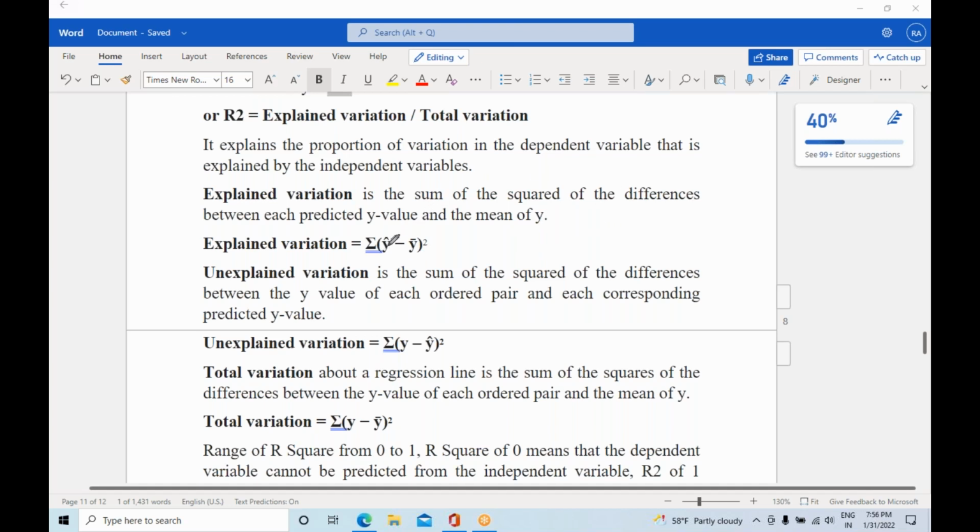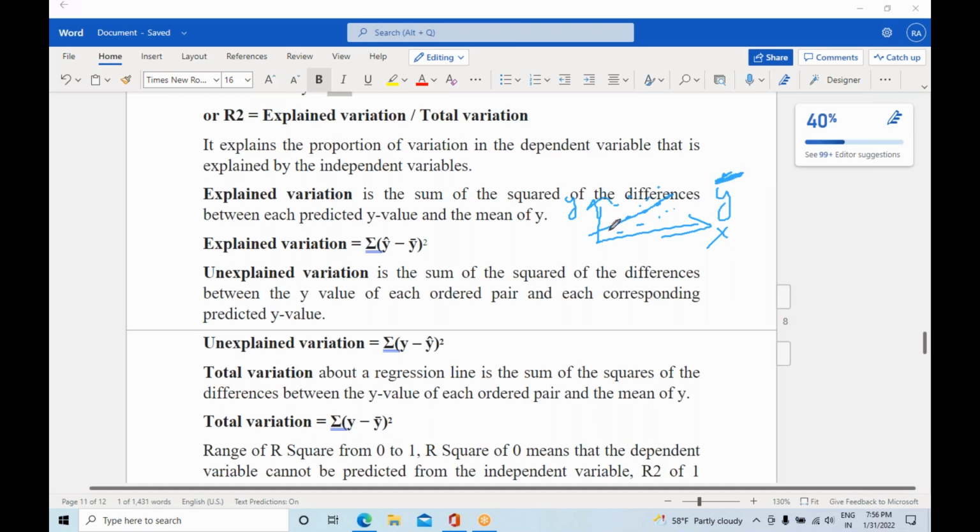So coming to this particular one, this is your best fit line. This is your x, and this is your y values, and you have some points here, so we have to calculate the mean of it.